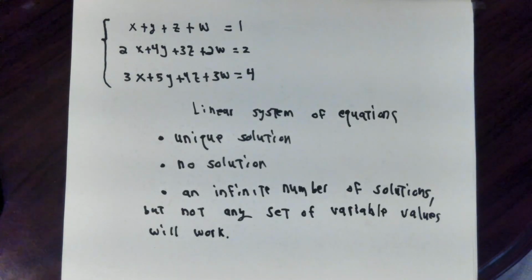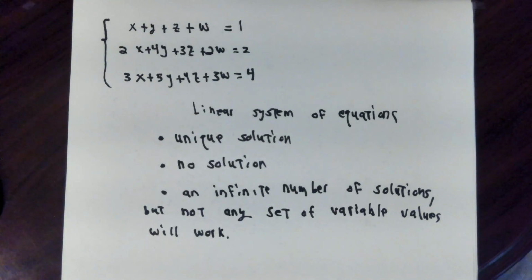So here's what we know so far. A linear system of equations, regardless of the number of equations or the number of variables, there's only 3 things that can happen. There can be one single set of variable values that makes all the equations work. That's what we mean by a unique solution.